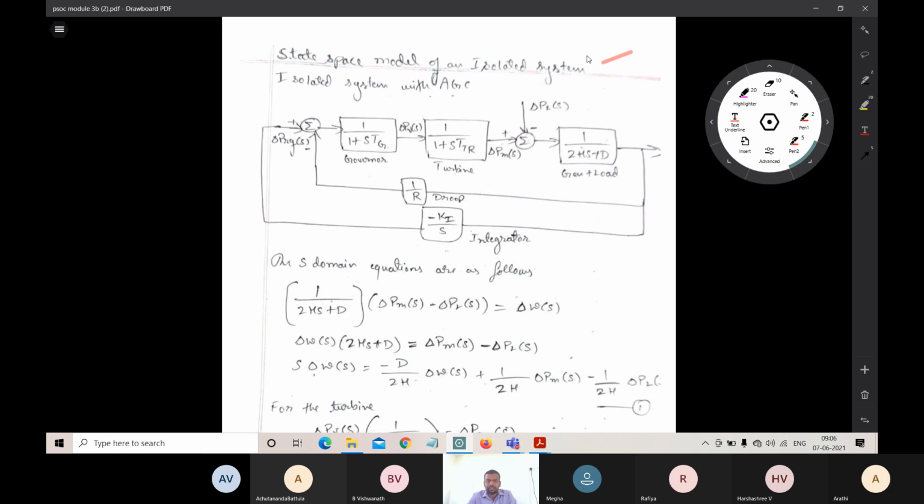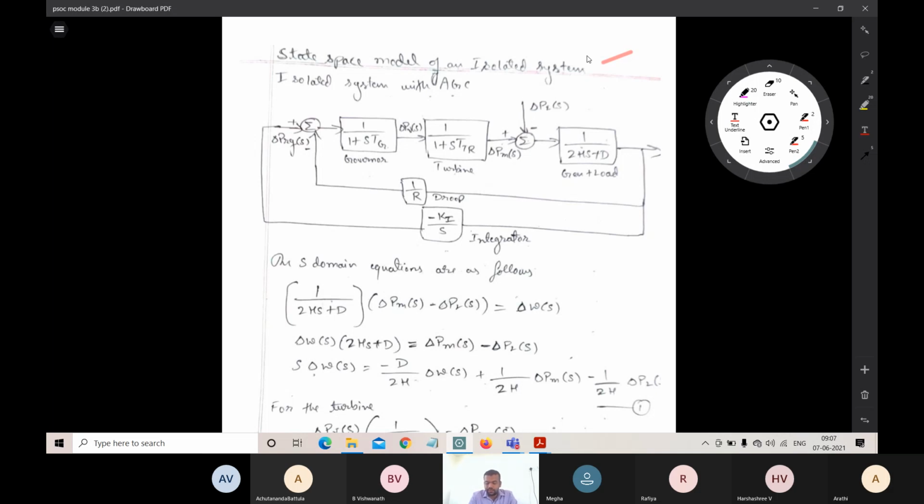Normally the state space model is used for the design of a system and its stability, and for designing different controllers using the state variables. What the different state variables are, we will discuss at the end of this session.